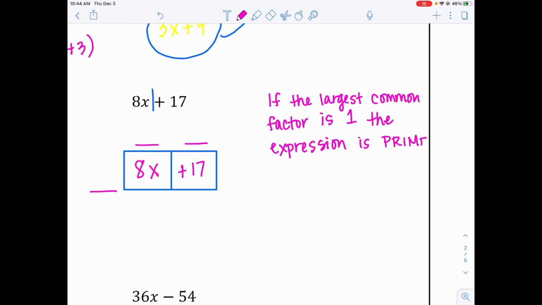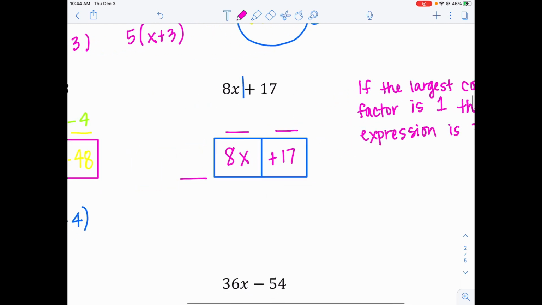What that means is if you can't pull anything bigger than a 1 out of them, you can't factor the expression. It's already factored all of the way. And when you can't factor a number, we say that it is a prime number. So when you cannot factor an expression because there's nothing that you can pull out from both of them that's bigger than a 1, you say the expression is prime.